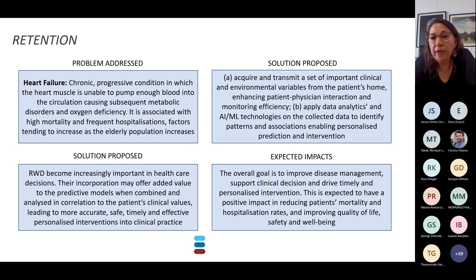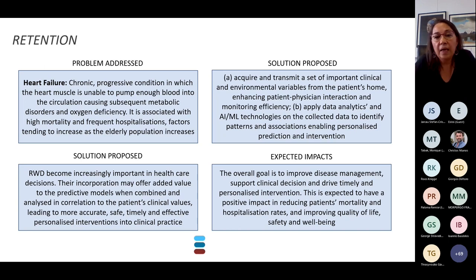So what is the solution that we have designed and are planning in the retention project? We are building a technological platform that consists of two bigger parts. In the first part, the system functions like a standard, regular telemonitoring system.